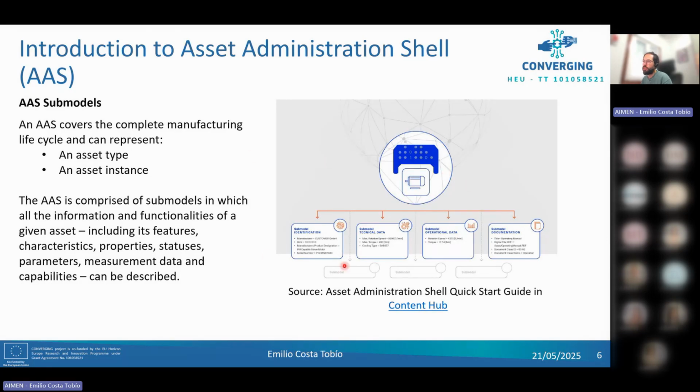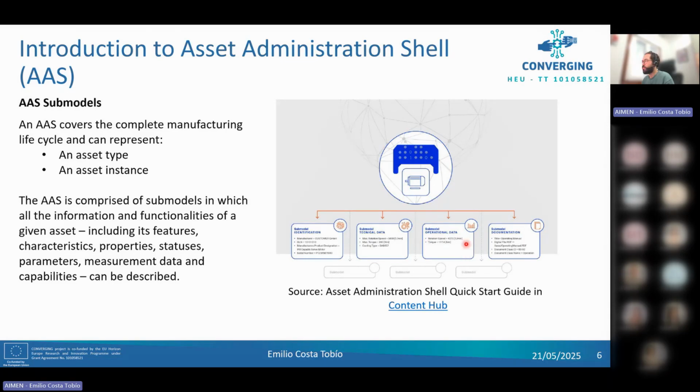And it can have different submodels. For example, it could have a submodel regarding identification that just has general information like the manufacturer of the asset. We could have a technical data submodel that deals with specific features or characteristics of the motor, for example, the maximum rotation speed that it can work on. We could also have operational data. This is data that we are measuring in real life, data of the robot, or the motor.